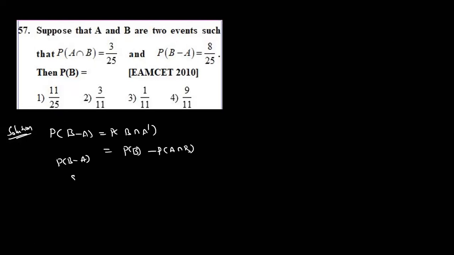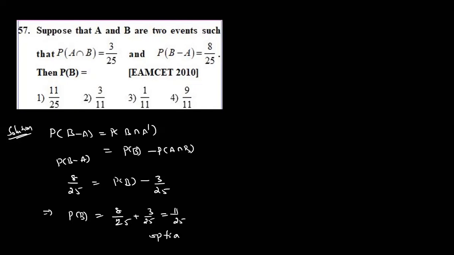So P of B minus A is 8 by 25, so P of B minus 3 by 25. Therefore, given the formula, the option is A. Next question.